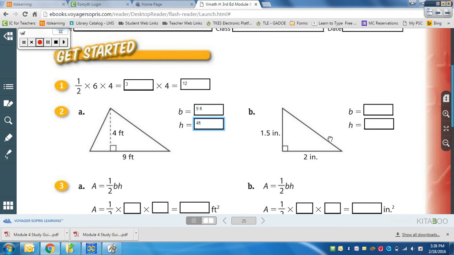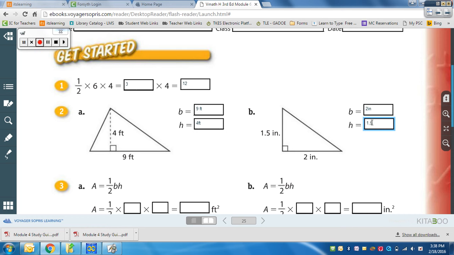Let's take a look at B. The triangle in problem B is a right triangle. In a right triangle, the height is measured by the length of a leg of the triangle. So the height is measured here by this leg. What is the length of the base of the triangle? So right here is the base. That is indeed 2 inches. What is the height of the triangle? 1.5.